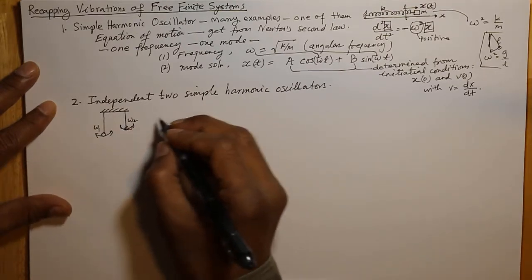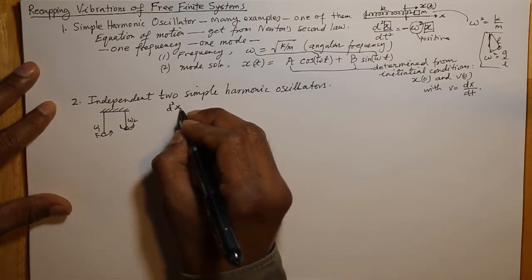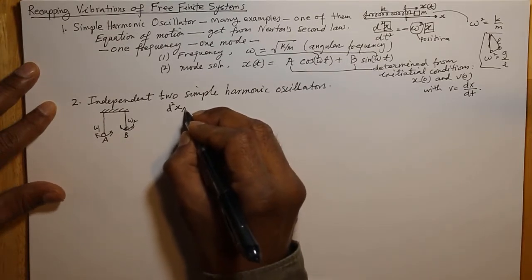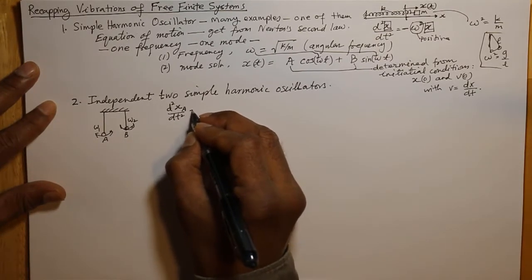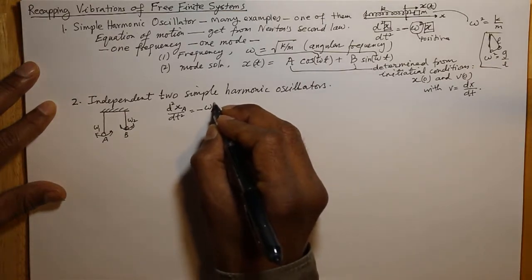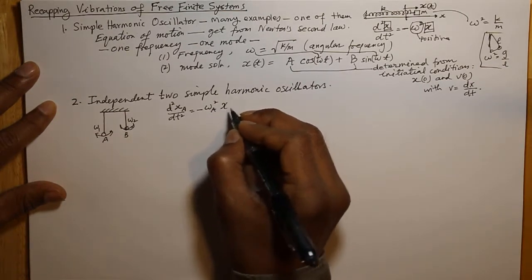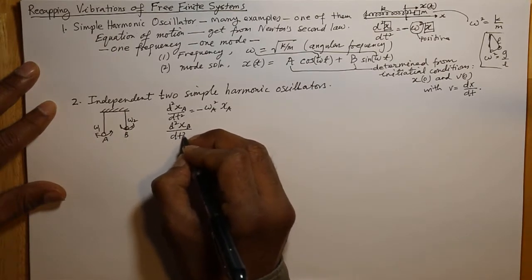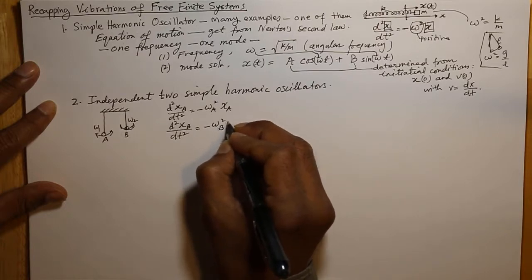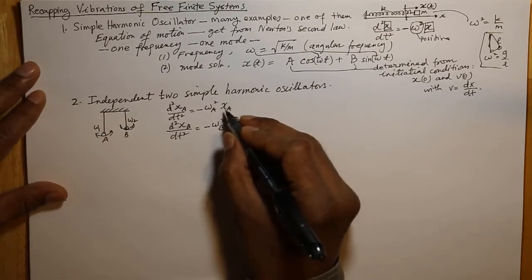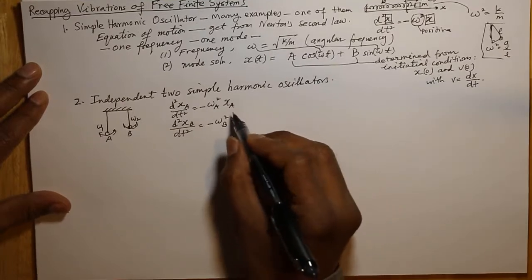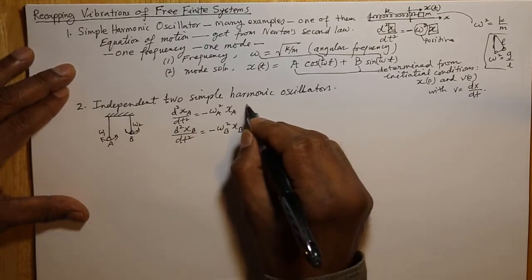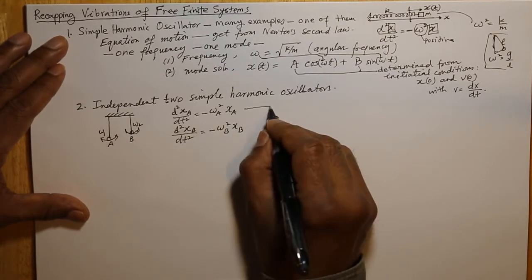So the equations of motion will be, let's call this A, call this B, d squared xa over dt squared equals minus omega a squared xa, and d squared xb over dt squared equals minus omega b squared xb. There is no other term here. A doesn't depend on B, and B doesn't depend on A. Each is its own oscillator.